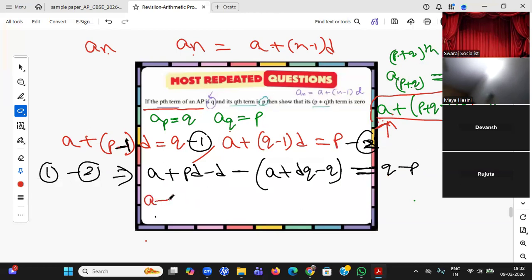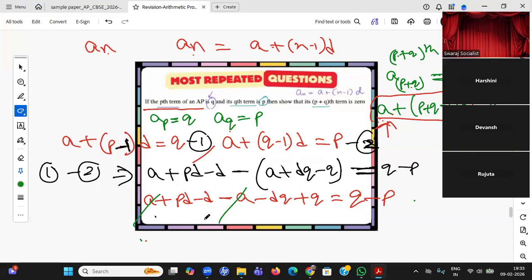This will be a plus pd minus d minus a minus dq plus d, equal to q minus p. A and a get cancelled, and minus d plus d also gets cancelled.